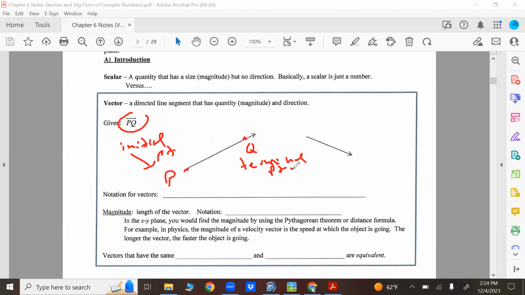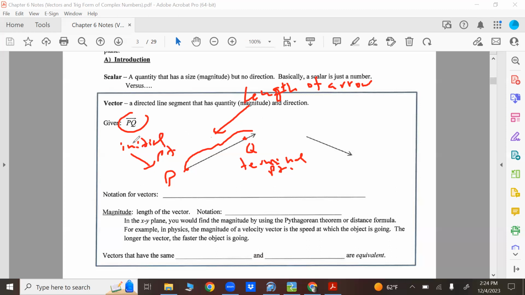The terminal point. The length of the arrow is the magnitude. So length of arrow is the magnitude. We'll worry about direction later.